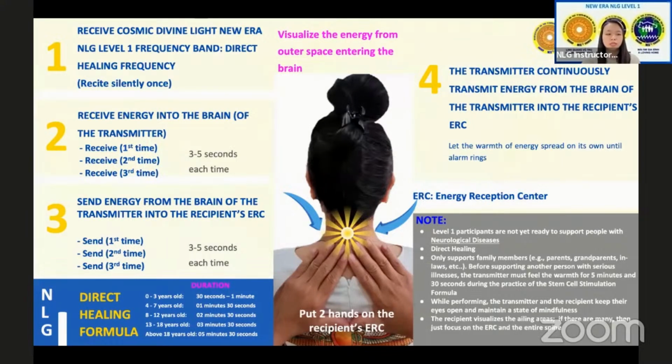However, at level 1, we recommend that you keep the support to the people in your family only, because of course we're trying to work with smaller groups of people, and at level 1 your energy is not strong enough for you to participate in giving healing support to other people outside of your family. So let's start with yourself and your family first.